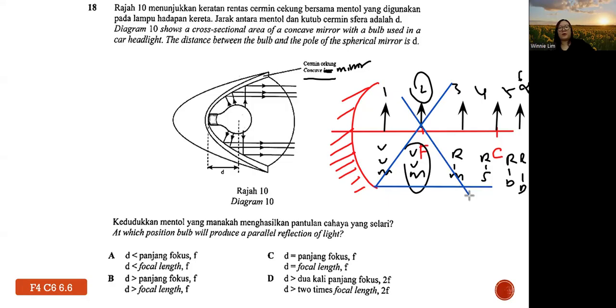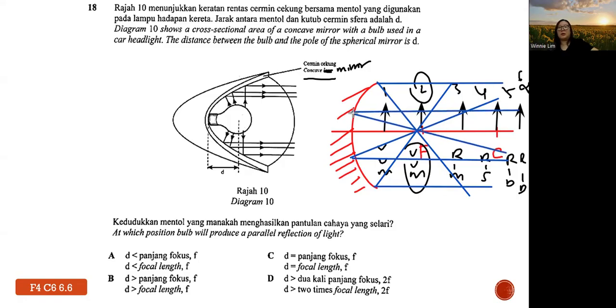I cut through the focus point, I touch the mirror, I will have a parallel ray. Cut through the focus point, parallel ray. Cut through the focus point, parallel ray out. Okay, so that's why the idea is what? D must be equal to the focal length.